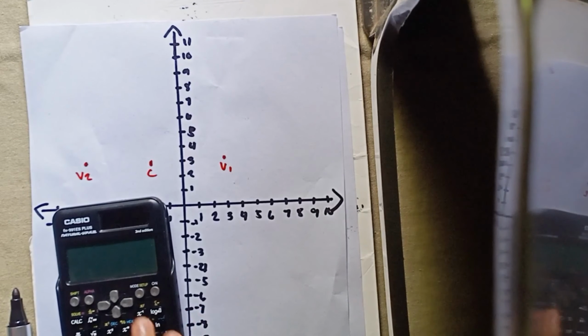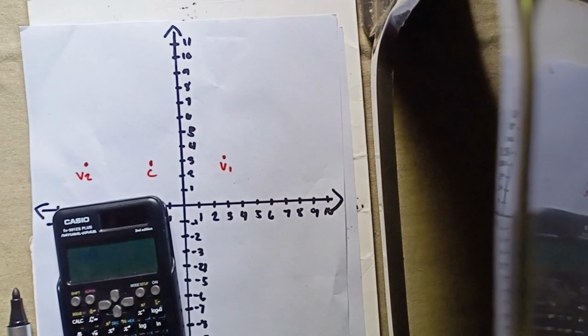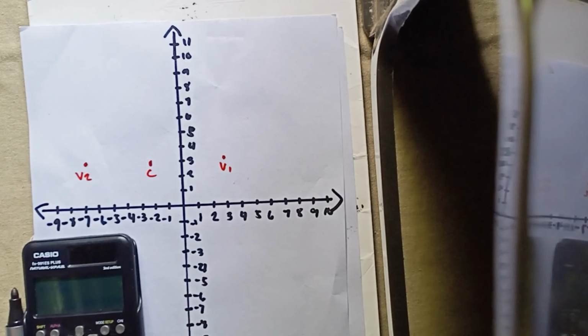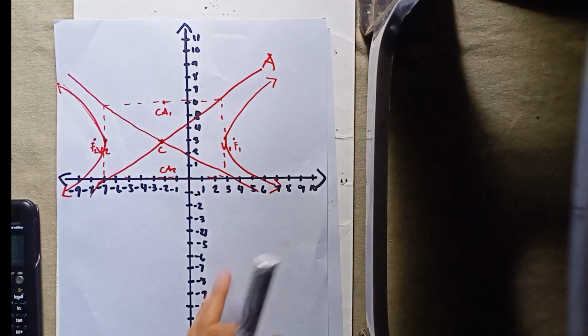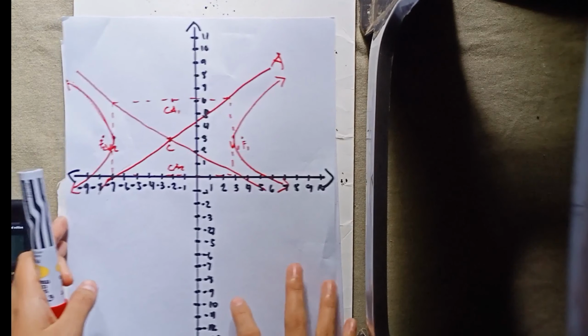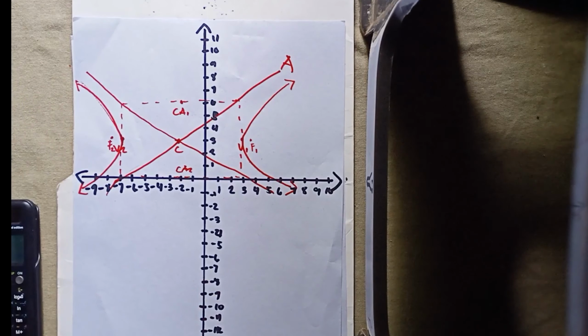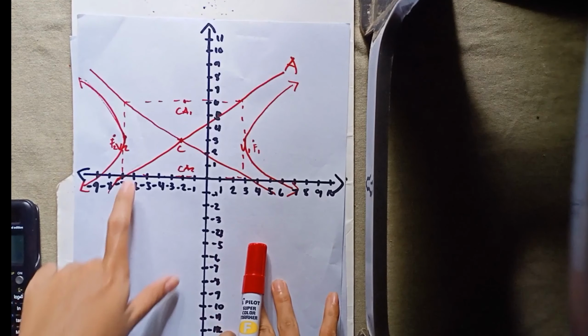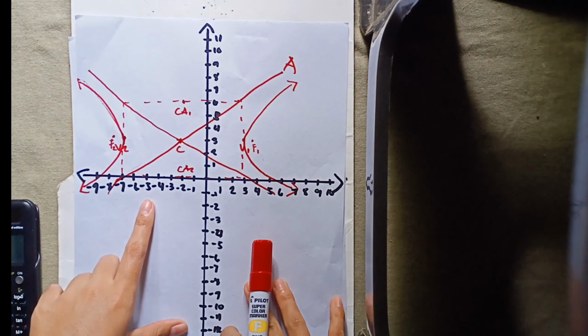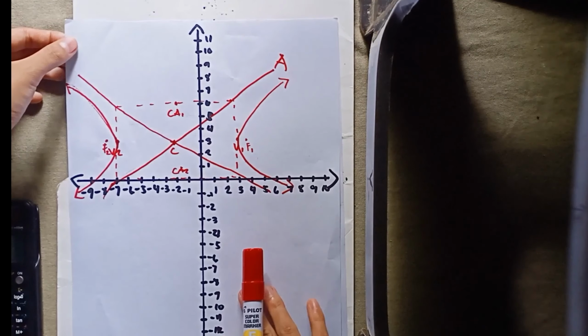Negative 2 plus square root of 34, which is about 3.8. So, since the video has stopped, this is now the graph of our hyperbola.